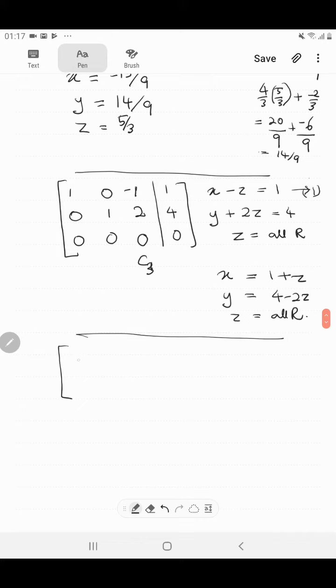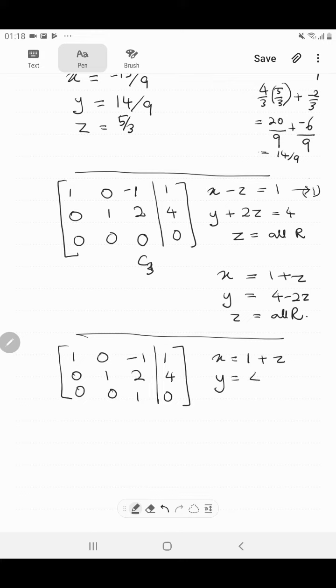Another possible case that you have, and again you can say that x equals 1 plus z, which is the same as above, y equals 4 minus 2z, but here you meet with a dead end because 1 can never equal 0.